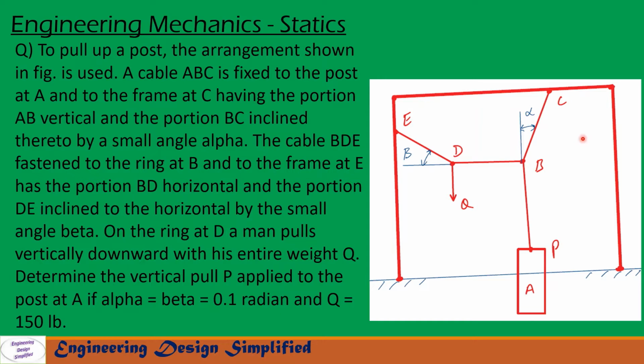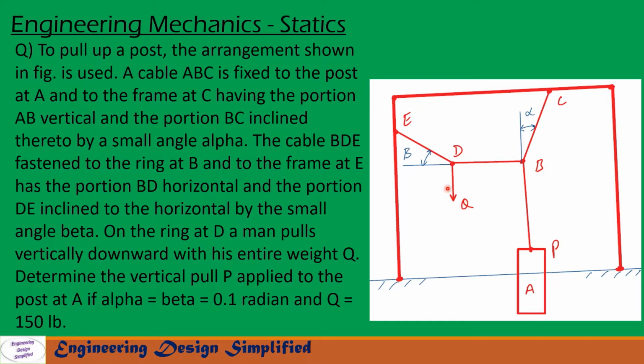In this problem, given is a cable CBA or ABC attached as shown in the figure, and a post at A. We need to find the pull P exerted when a man pulls with his own weight at this point D. The cable BDE is attached here, and a man pulls with his entire weight Q downwards.